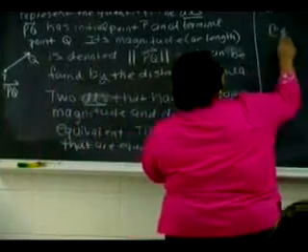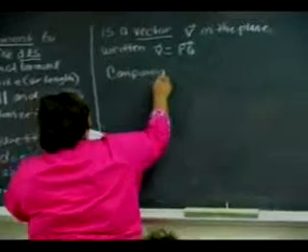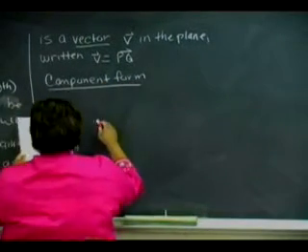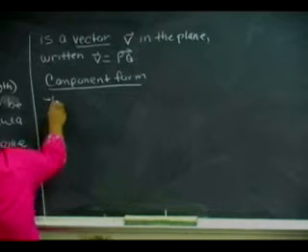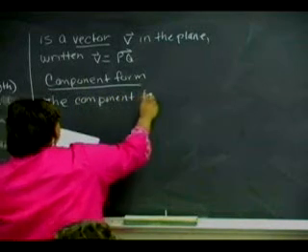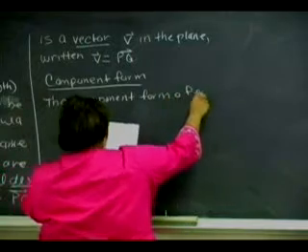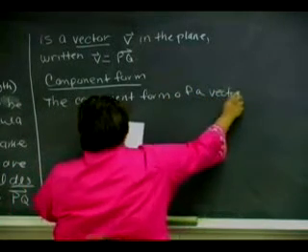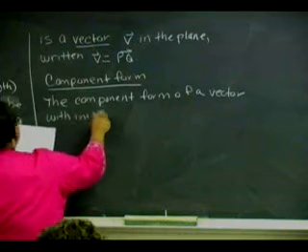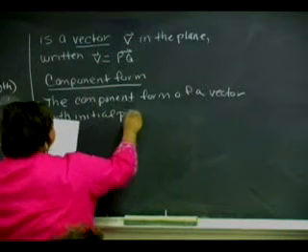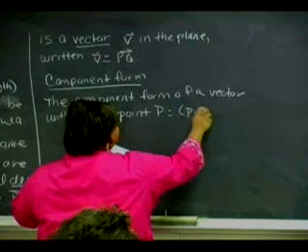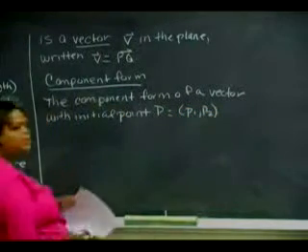Let's look at the component form of a vector. The component form of a vector with initial point P, and let's give that point P some coordinates, P1 and P2, right?